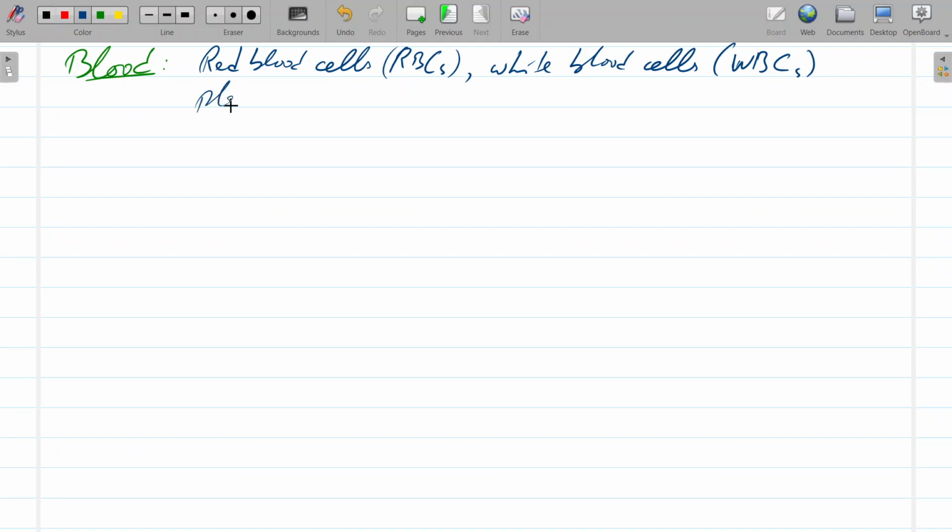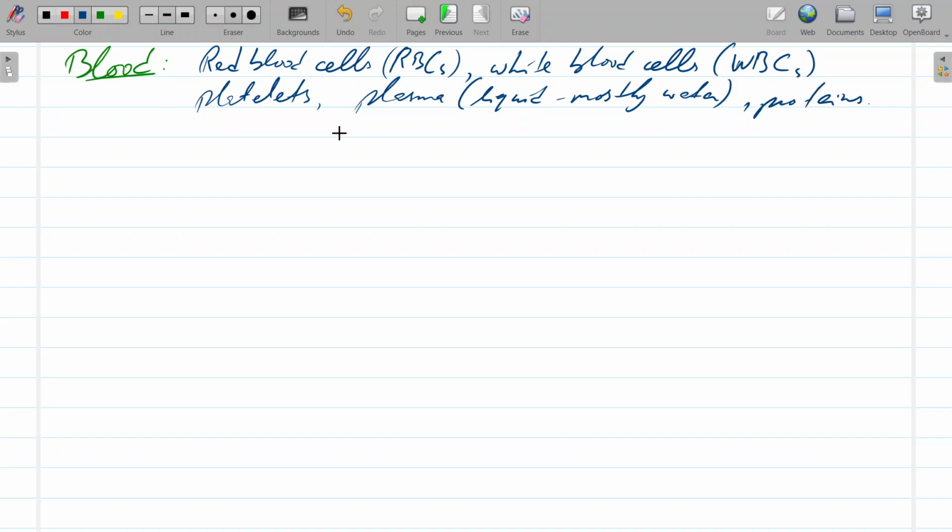There are something called platelets. There's plasma, which is the liquid part of the blood, which is mostly water. Then there are other things dissolved, like the plasma proteins, and nutrients, CO2 and O2 and all of that. Those are not what make up the blood, but are in the blood. So we're not going to talk about that. We're going to talk about what makes up the blood.